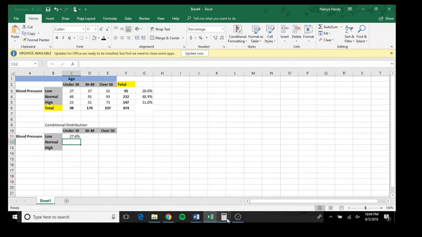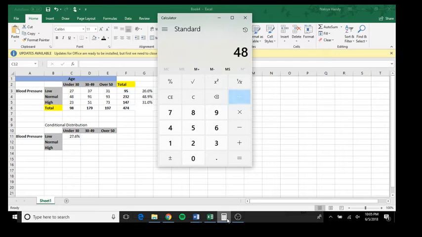For normal, we're going to do 48 divided by 98, and we're going to get 48.9%. Or actually, we can just round that out and make it 49% because it's 48.9.